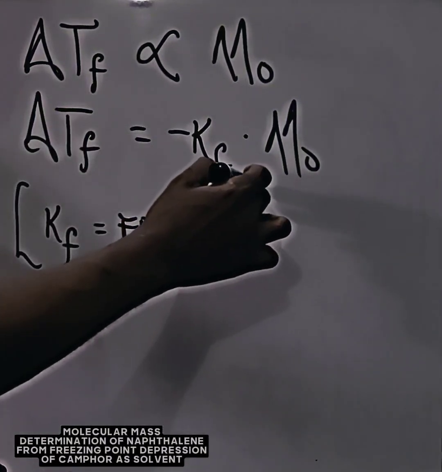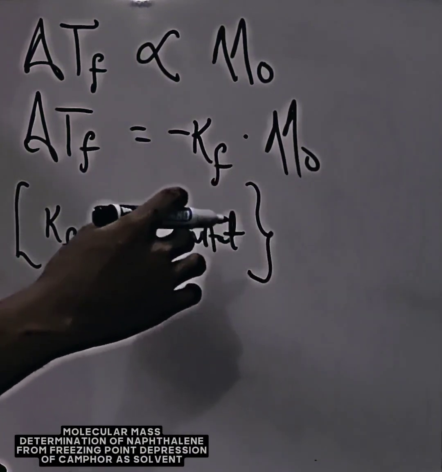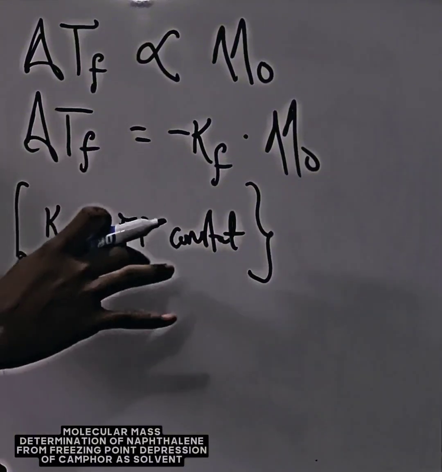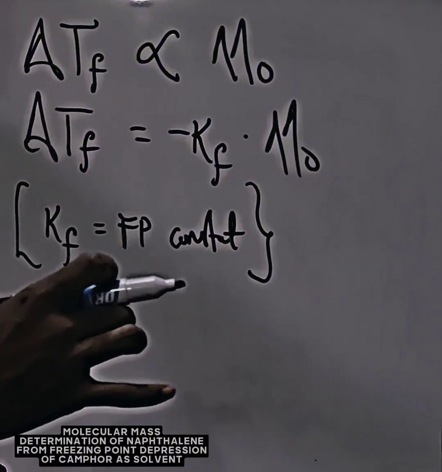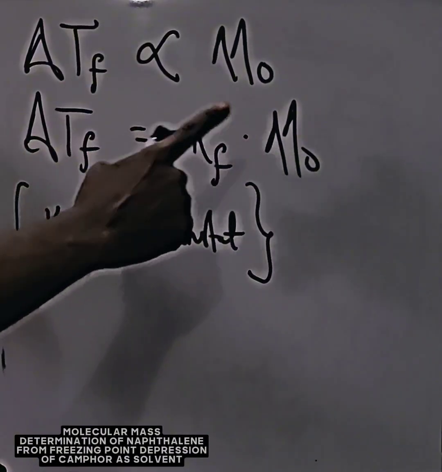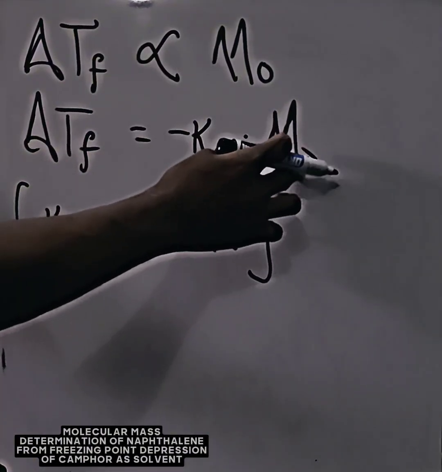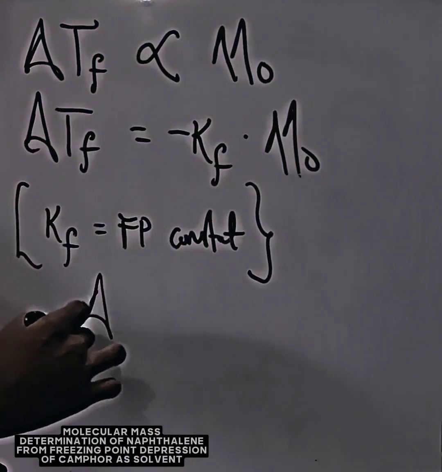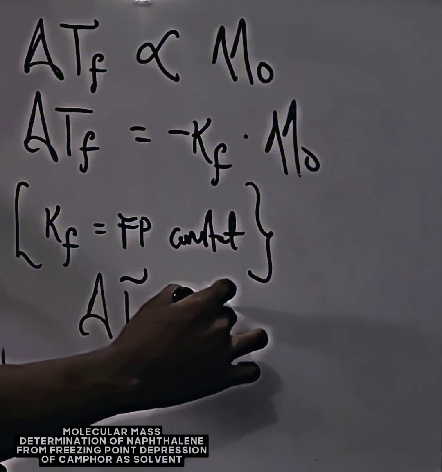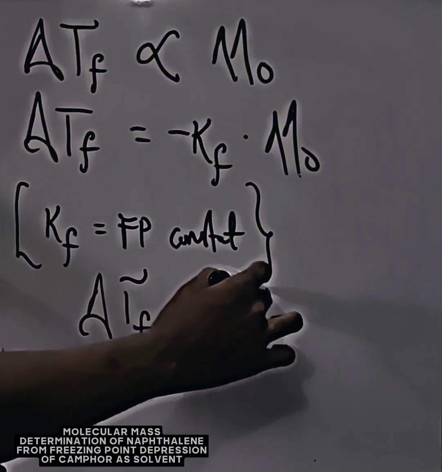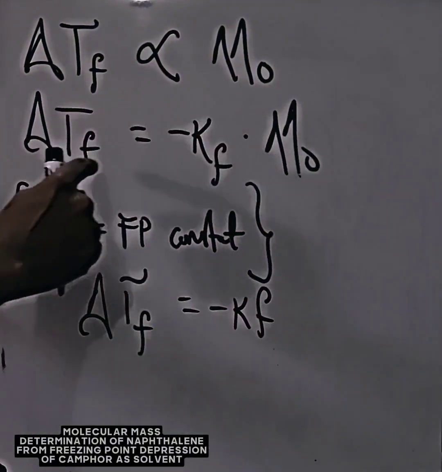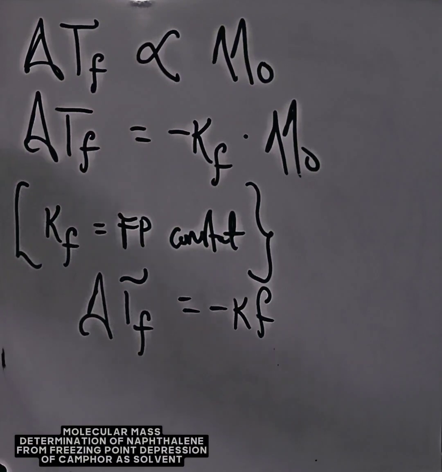So there's always a freezing point constant for any given solvent. In our case, camphor has a specific freezing point constant. Now, if molality is 1, we can say that the freezing point depression will be equal to the freezing point constant.